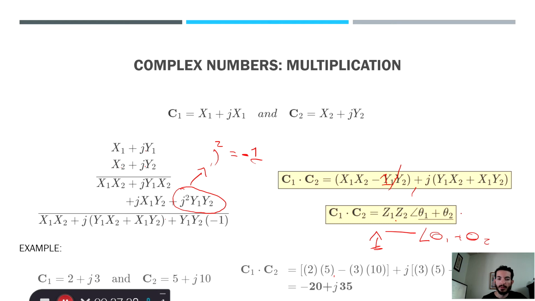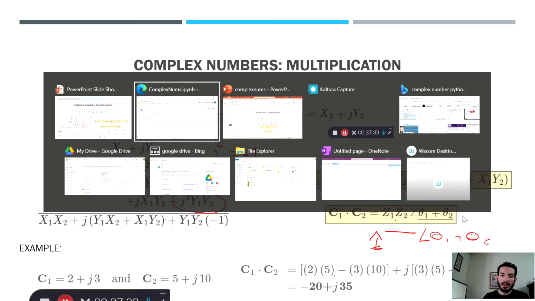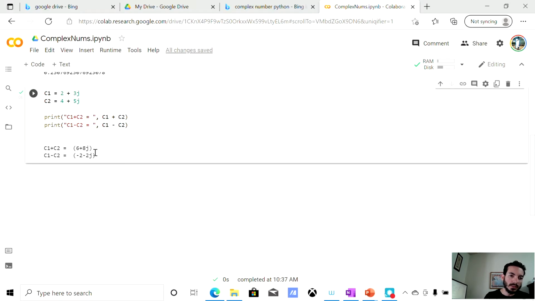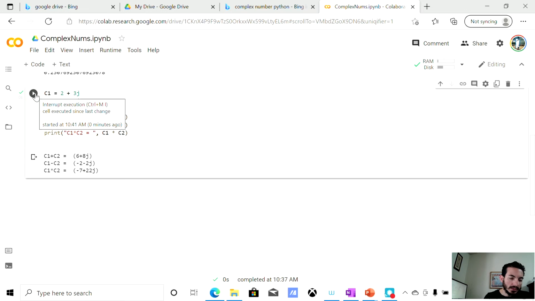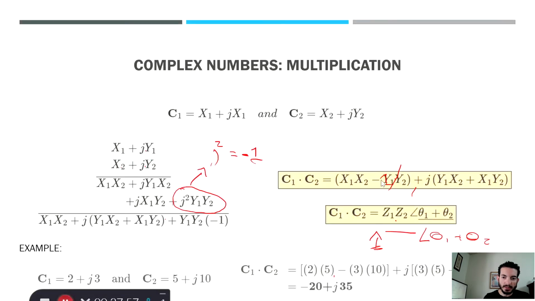If you want to do it by hand, I would definitely use the polar coordinate system. If you have Python, simply multiply C1 times C2 and let Python do everything internally for you, or your calculator. So -7 plus 22j. This -7 is precisely because of this -1 right here.